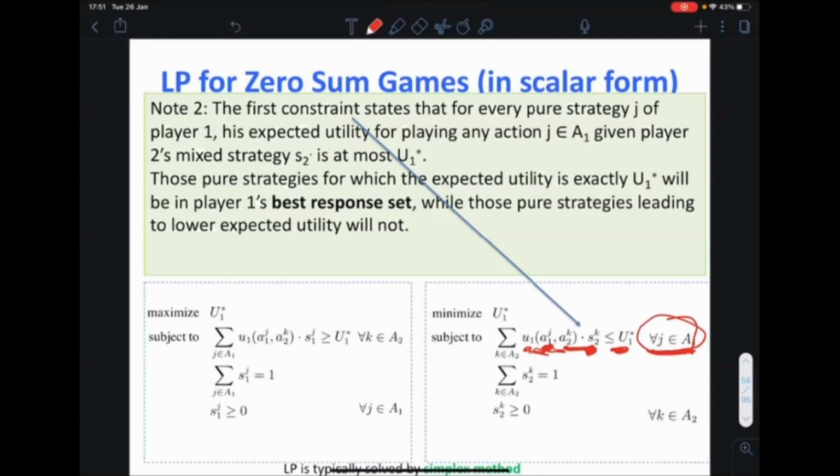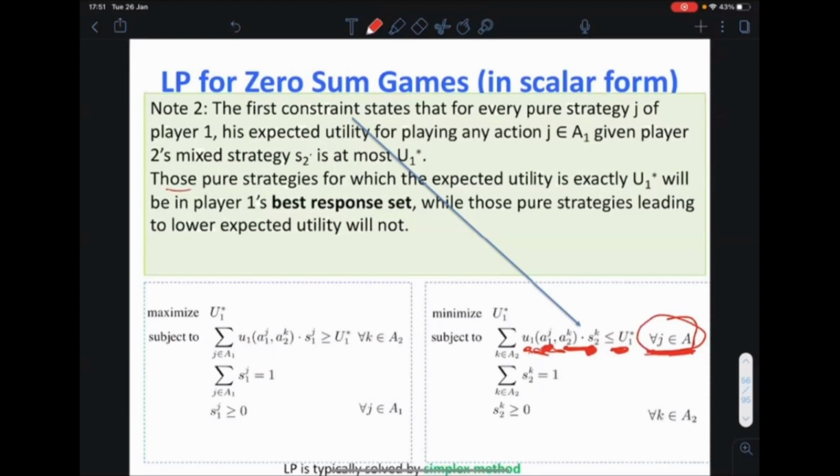Think about this, each enumerated action J is basically a pure strategy. The expected utility of this pure strategy is exactly Q1, and it will be player one's best response set. In other words, if it equals U1, it would be the one that you would play in the end, because that is the probability you specify there, and it reaches the minimum value you will get. So it's the best response set.